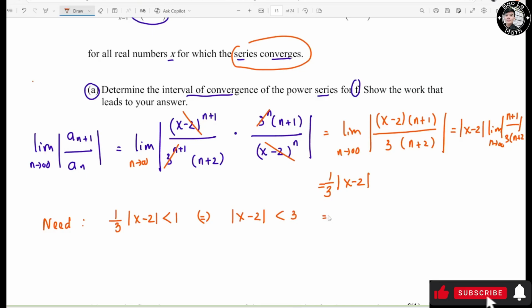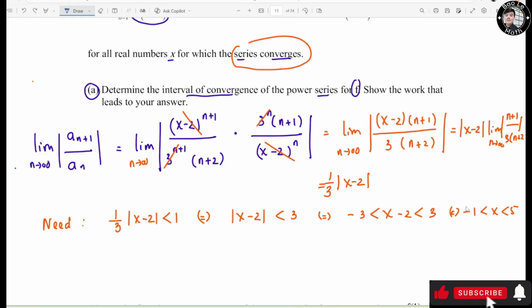So negative 3 is less than s minus 2, which is less than 3. Then I'm going to add 2 to all three sides, so it's negative 1 less than s less than 5.